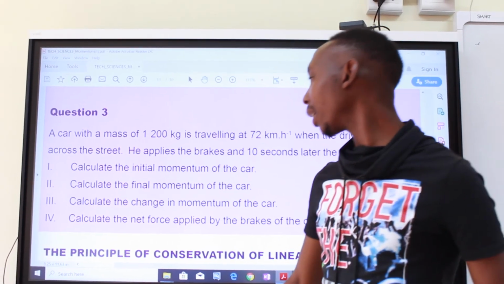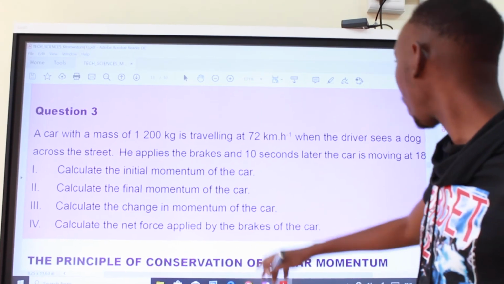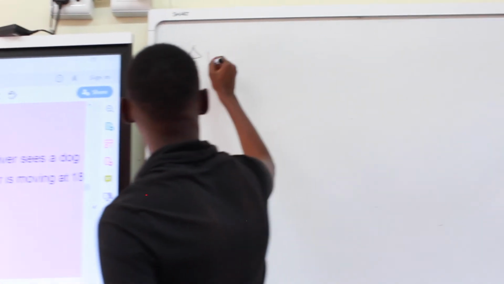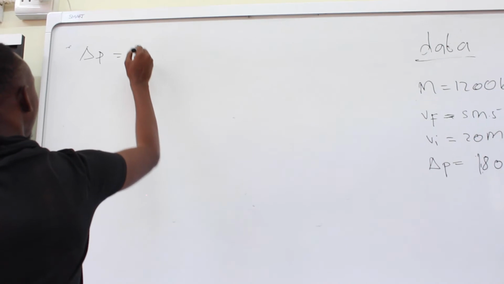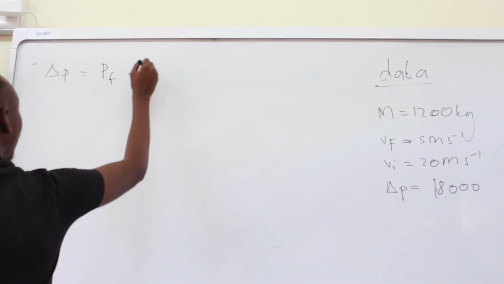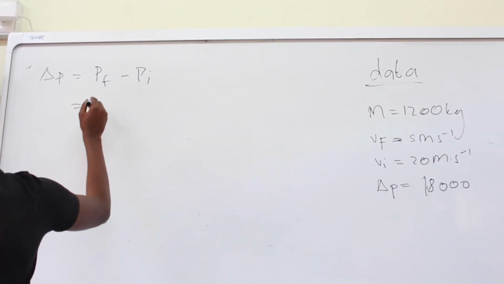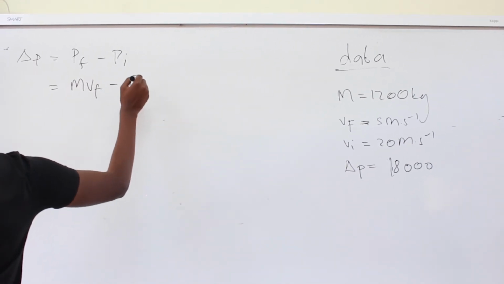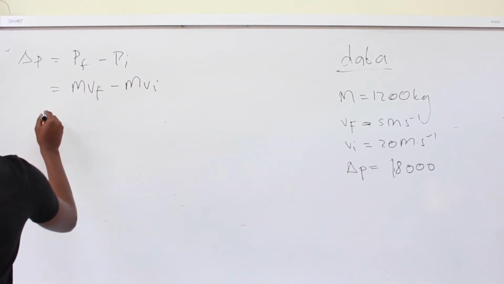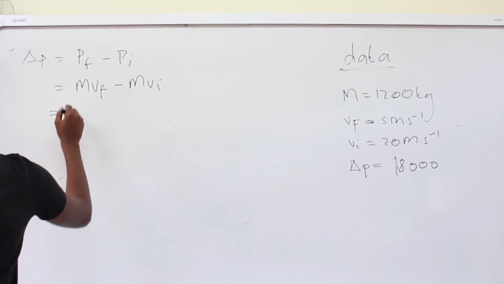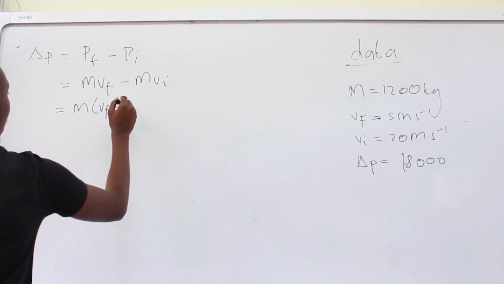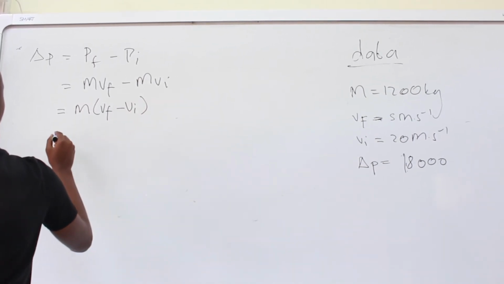Question 3.3, calculate the change in momentum of the car. The change in momentum is the difference between the final momentum and the initial momentum. So I have m times the final velocity minus m times the initial velocity. I take out m as the highest common factor to get m times final velocity minus initial velocity.